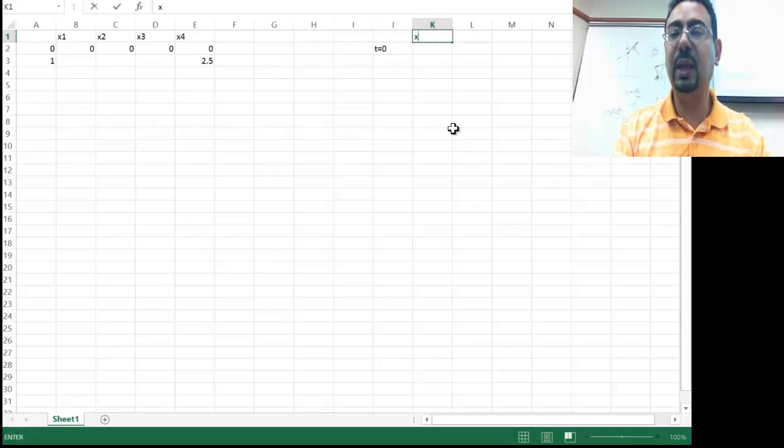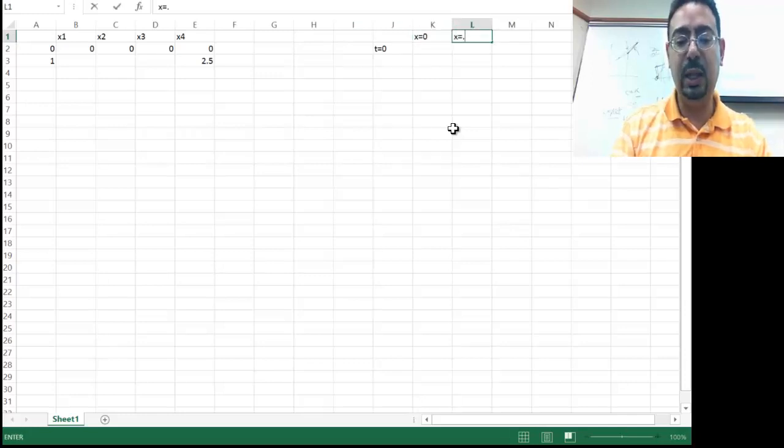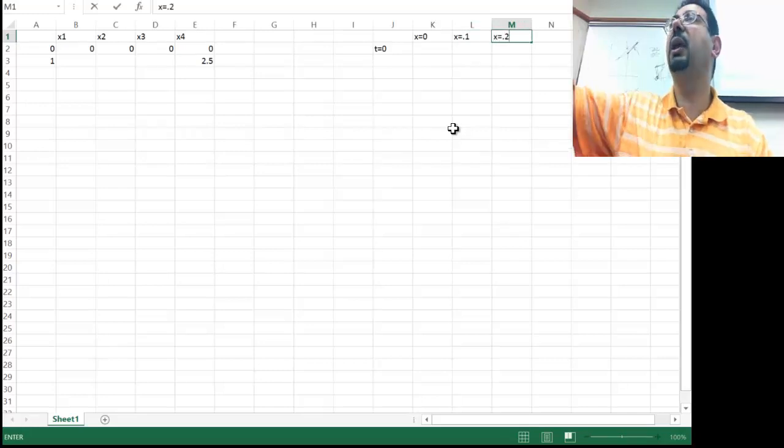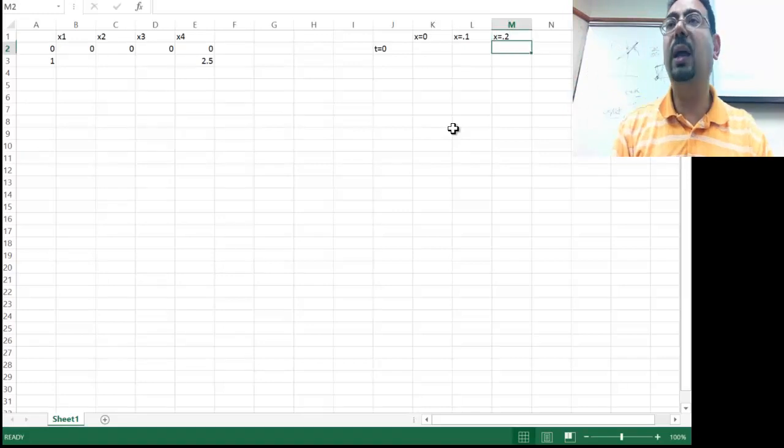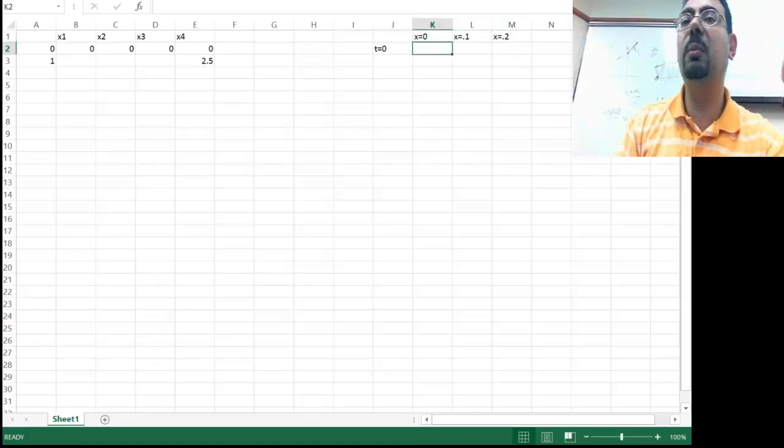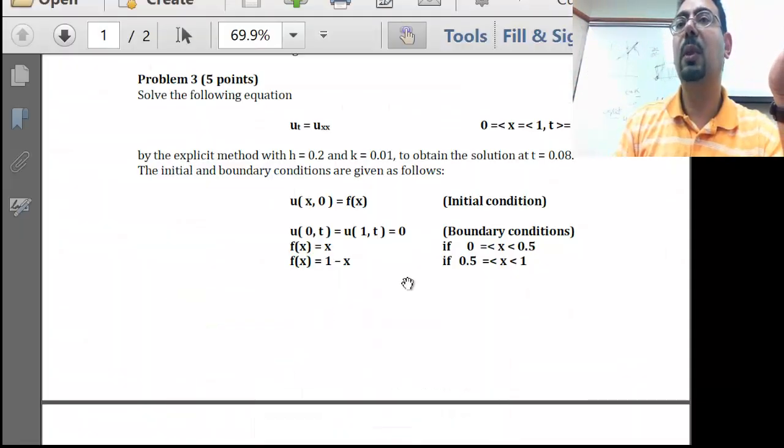And this will be x equals 0, and this will be x equal, depending on the h, 0.1, right? And x equal 0.2. So I'm making h basically 0.1, and I will get the initial condition from this formula. He said it's x, 1 minus x. X until the middle and 1 minus x after the middle.